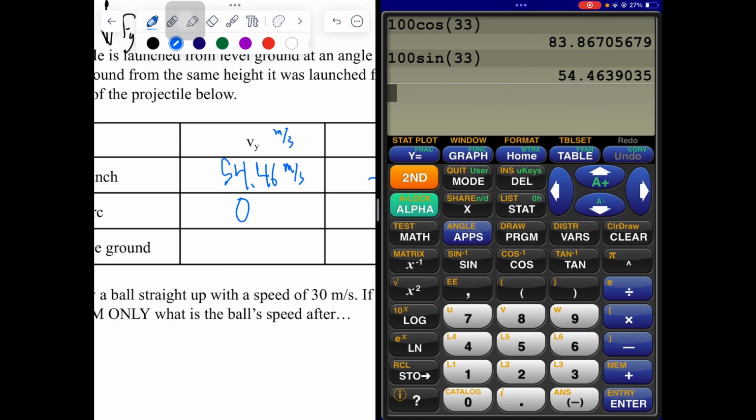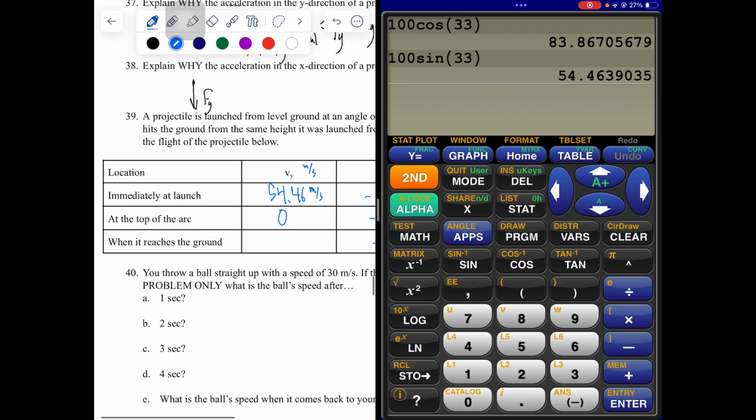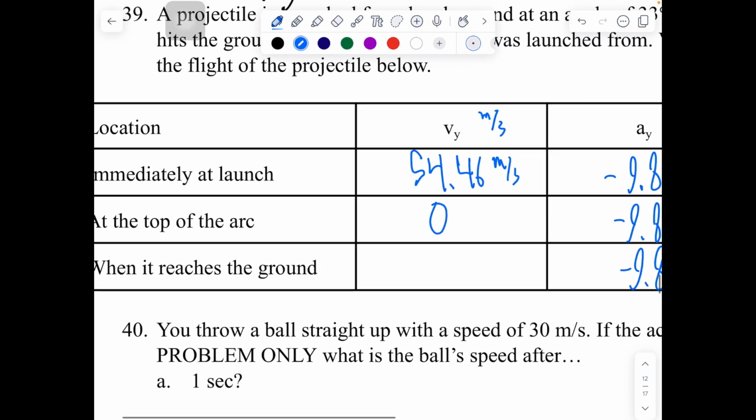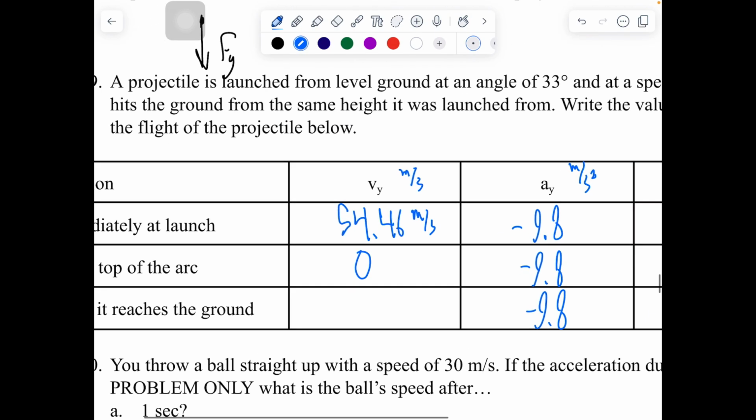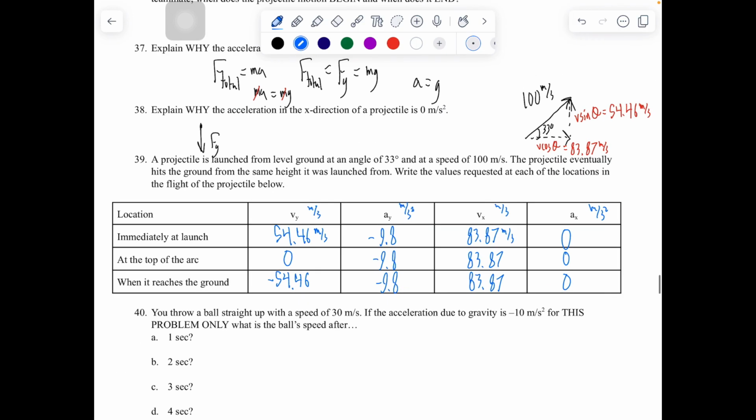Therefore, it must be 0 vertical velocity. When it reaches the ground, there's a special case, since it reaches the same height it was launched from. Your final velocity in the y direction is the same as the initial, but downward. Negative 54.46.